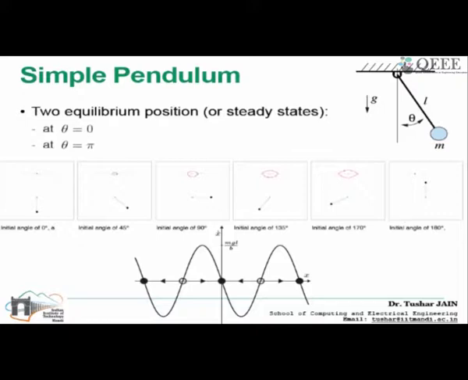Now come back to the graph which we plotted earlier. When we are at 0 degrees, we'll stay there. It is quite clearly visible. When we move away and haven't reached 180 degrees, if I give the initial angle at this point, it will always tend towards 0 degrees, right?